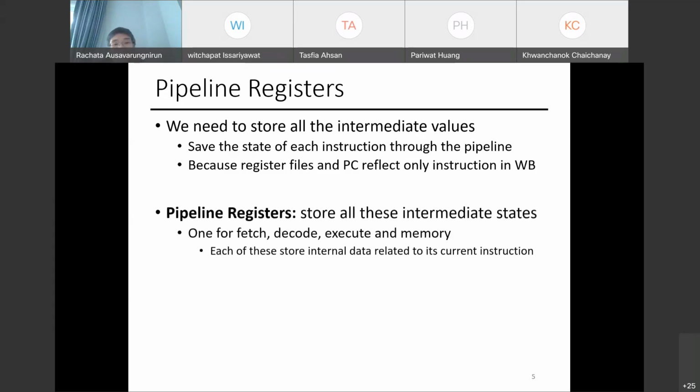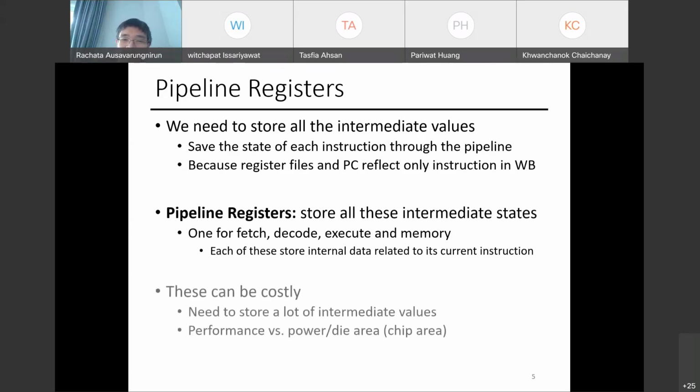So there'll be one set of pipeline registers for fetch, one set for decode, one set for execute, one set for memory, where each would store internal data associated with the current instruction. And this can be costly, but it's so useful that it's used everywhere.